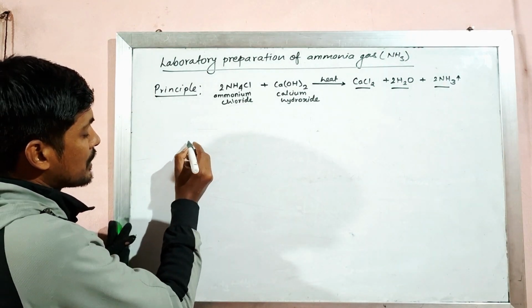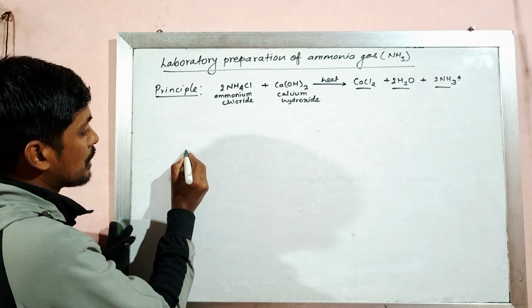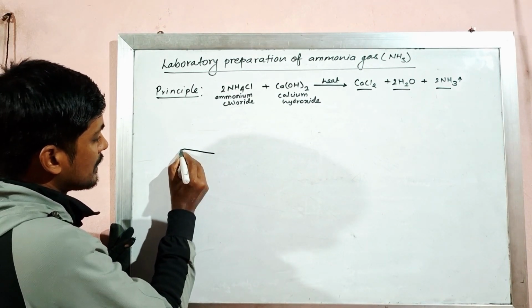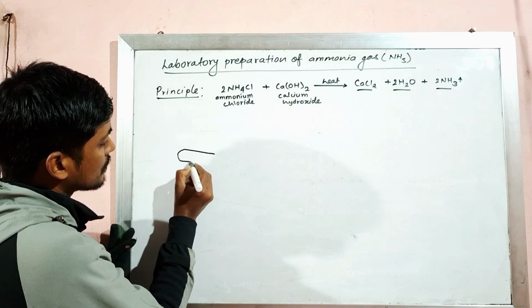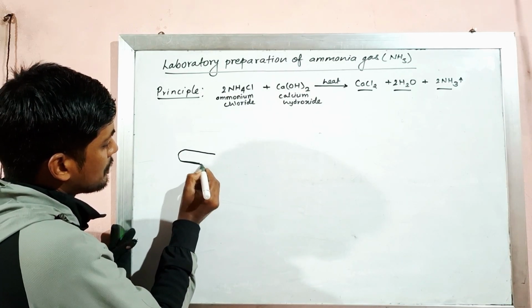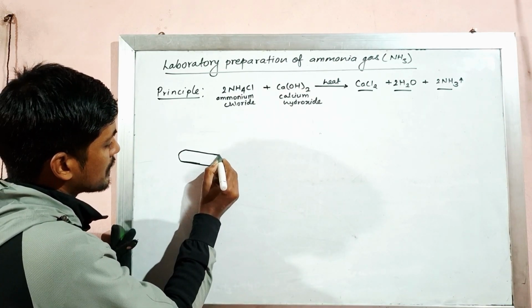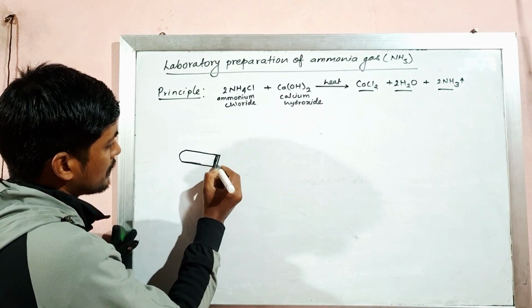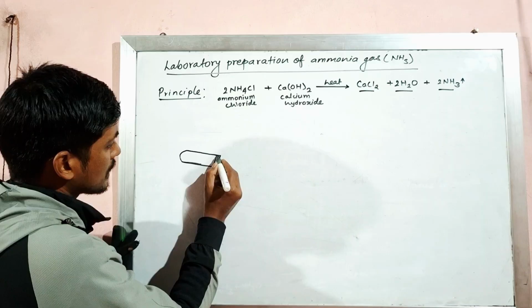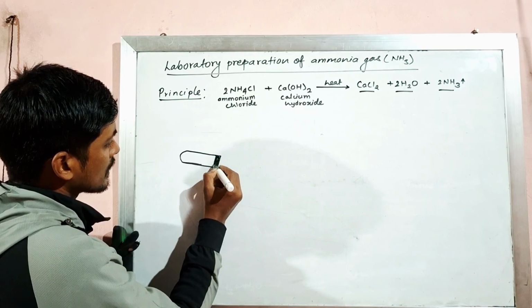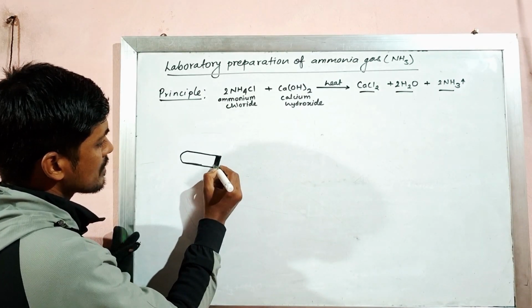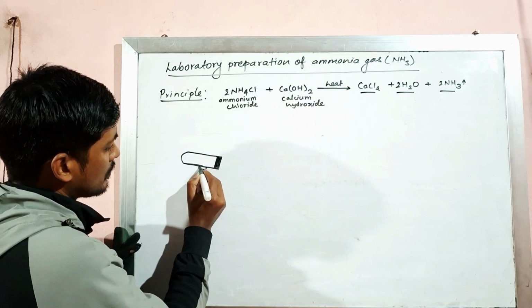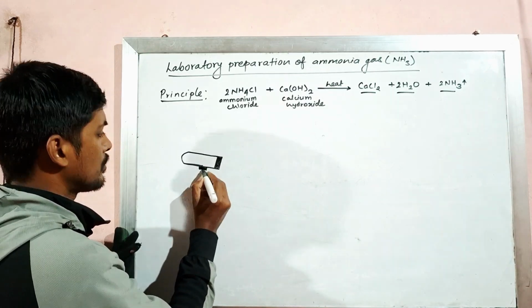Here in the laboratory preparation, we require a hard glass test tube. In this hard glass test tube, first of all, we put the mixture of ammonium chloride and calcium hydroxide, and then we place this hard glass test tube over an iron stand.